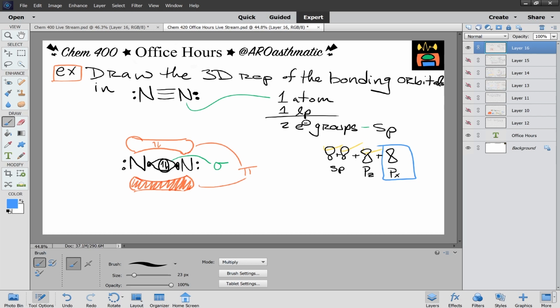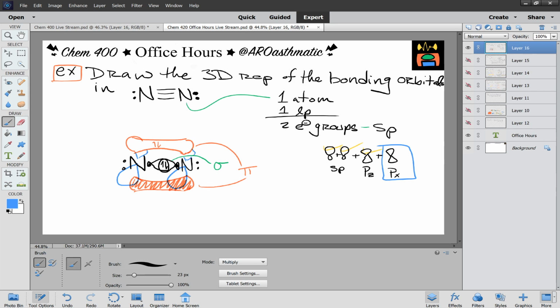So, the p orbital here, oh, that's kind of ugly. Let me try that again. The p orbital here is, no, I don't want to do that either. All right, that's pretty good. Going out in front and back behind the plane of the board.